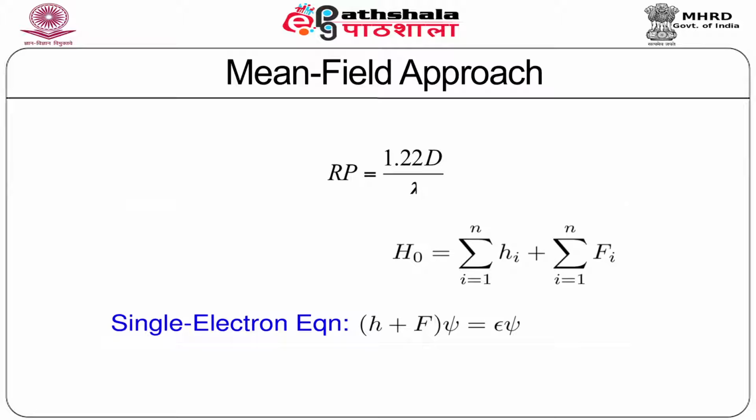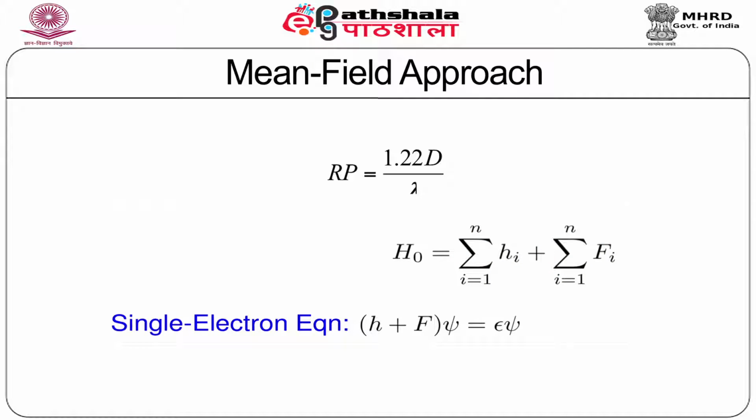So the H0, taking into account part of the electron-electron repulsion, should now look like summation over i, little h_i, plus an additional term, summation over i, f_i.